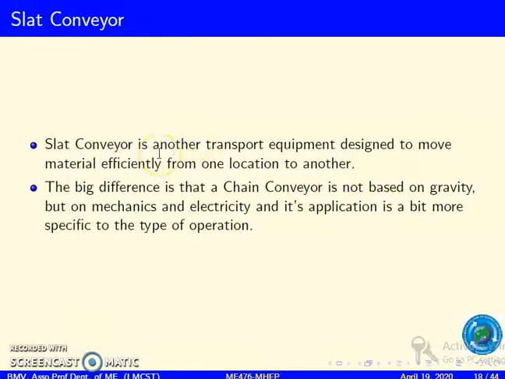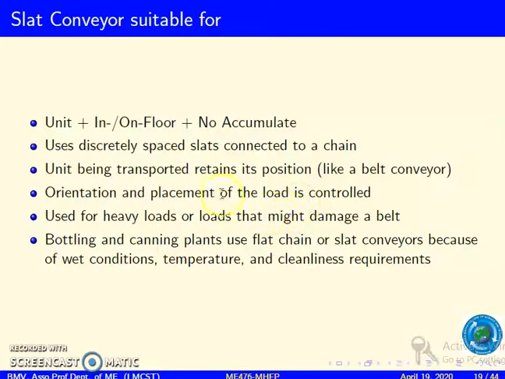And next one is a slat conveyor. The operation of a slat conveyor is not based on gravity but on mechanics and electricity. And these are the features of this slat conveyor. This uses discretely spaced slats connected to a chain.